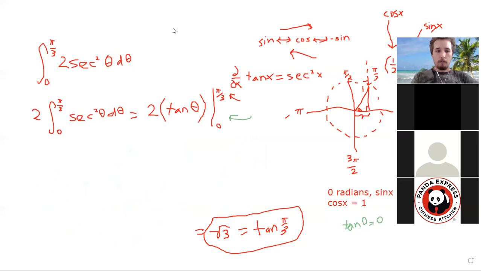Okay, if we go back to the original, we can evaluate 2 tangent of pi over 3 minus 2 tangent of 0.